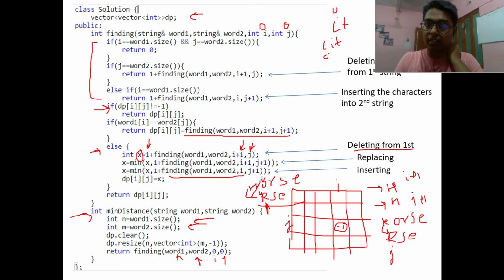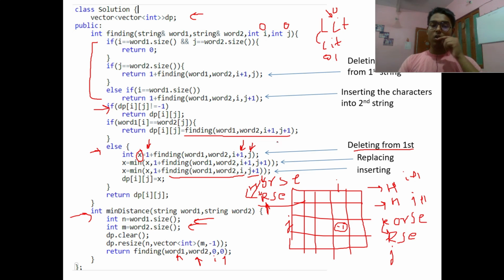If we are inserting the character L here, then L matches L, and j will increment, but i will not increment. That's why j will become 1. Then I need to match i with i again, because we have inserted L before i. So that's why I am incrementing only j here.